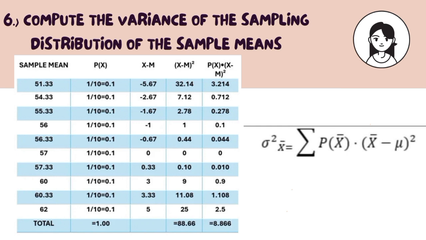For example, 5.67 squared equals 32.14. Repeat this process until you complete the fourth column. For the last column, just multiply the result of the previous column with the corresponding probability, then add all the results. So now we have the variance of the sampling distribution, which is 8.866 or 8.87.